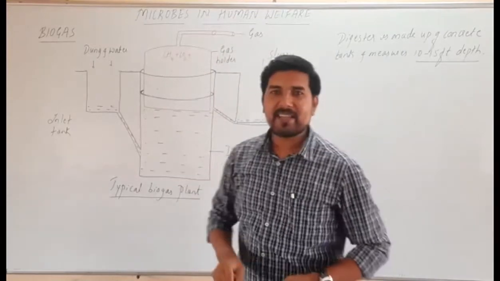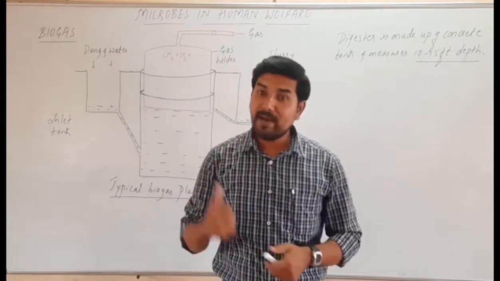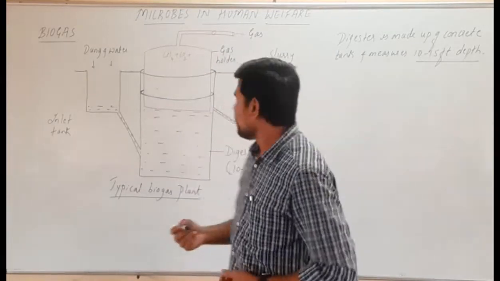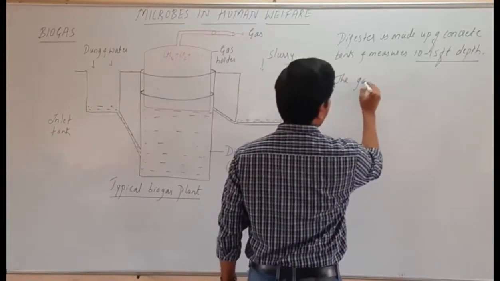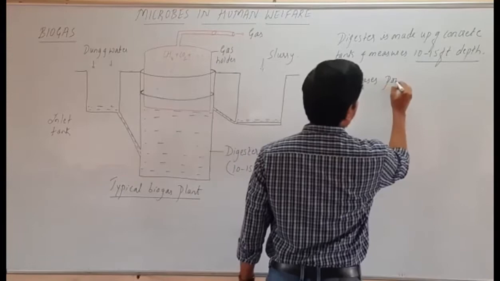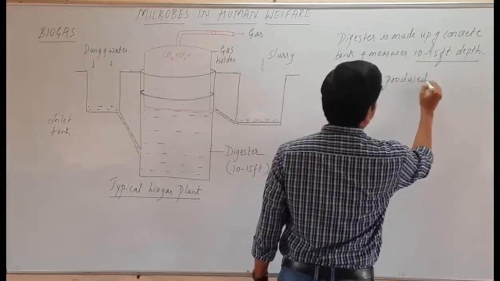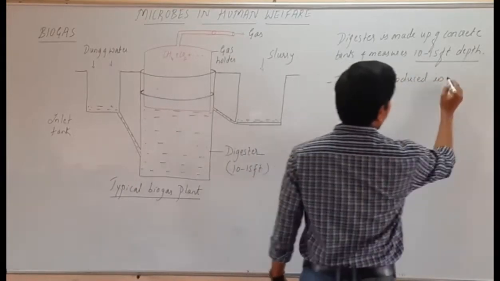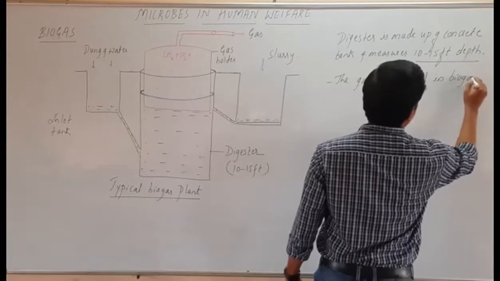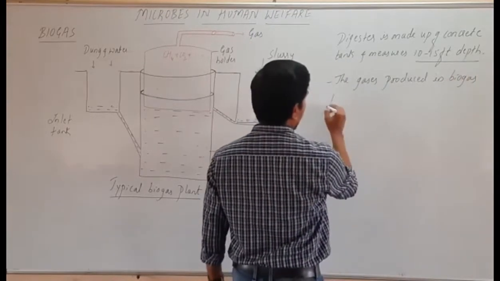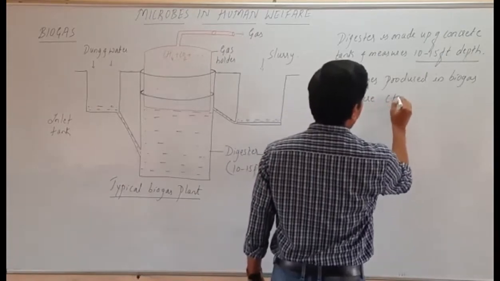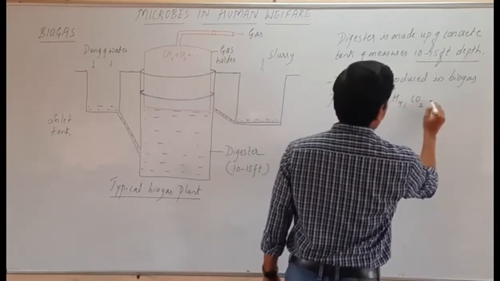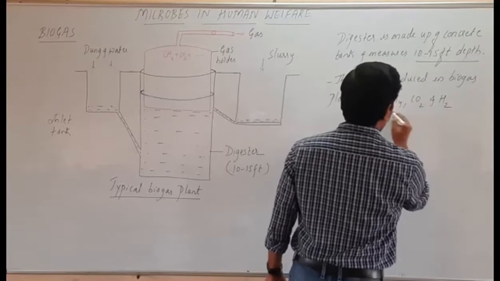The major gases produced in the biogas plant are methane, carbon dioxide and hydrogen.